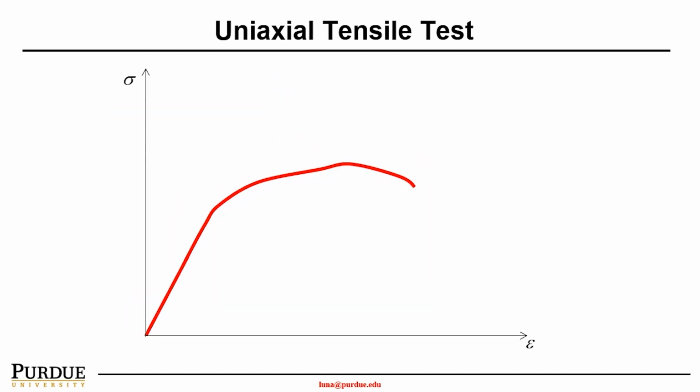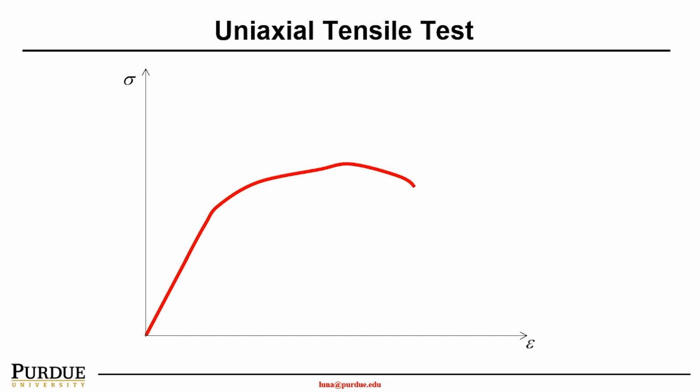So by conducting uniaxial tensile testing and plotting the stress-strain curve, we can expect the material's behavior differently under different stress and strain. And therefore, we can understand the material property just by looking at this simple stress-strain curve, sigma over epsilon.